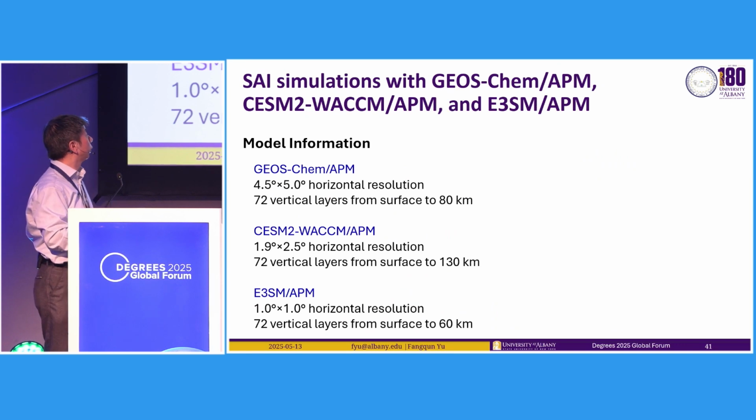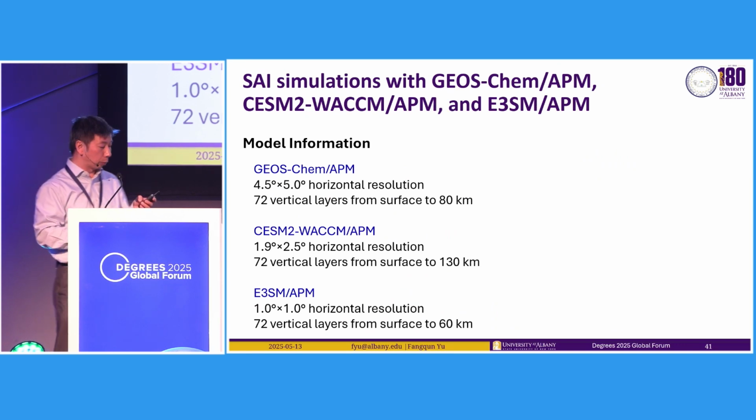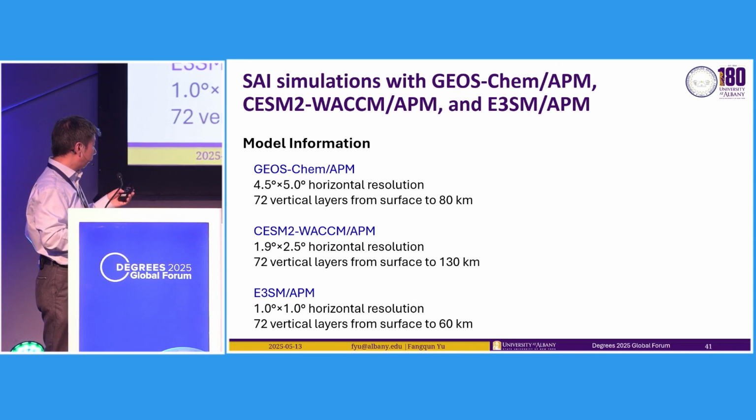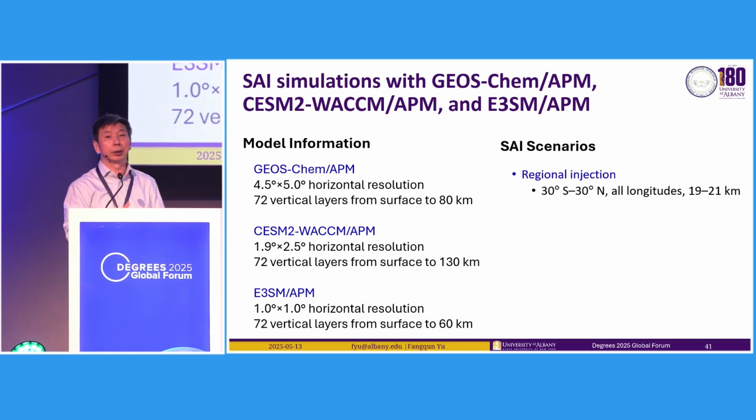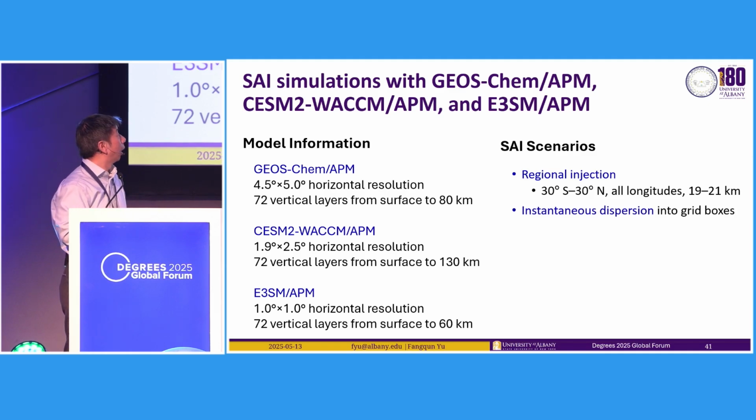Now we use the models to do SAI. We have 3 different models with different dynamics, different chemistry, and different resolutions. For the SAI scenario, we use regional injections at 30 degrees south and 30 degrees north, at all longitudes, at 21 kilometers.